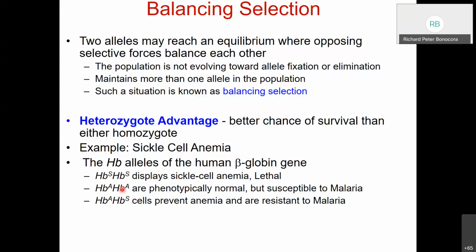Those that have the A allele are normal, but they're still susceptible to malaria. Whereas the heterozygous individuals are prevented from having sickle cell anemia, but they're also resistant to malaria. So this is a balancing selection, with both alleles being kept in the population.